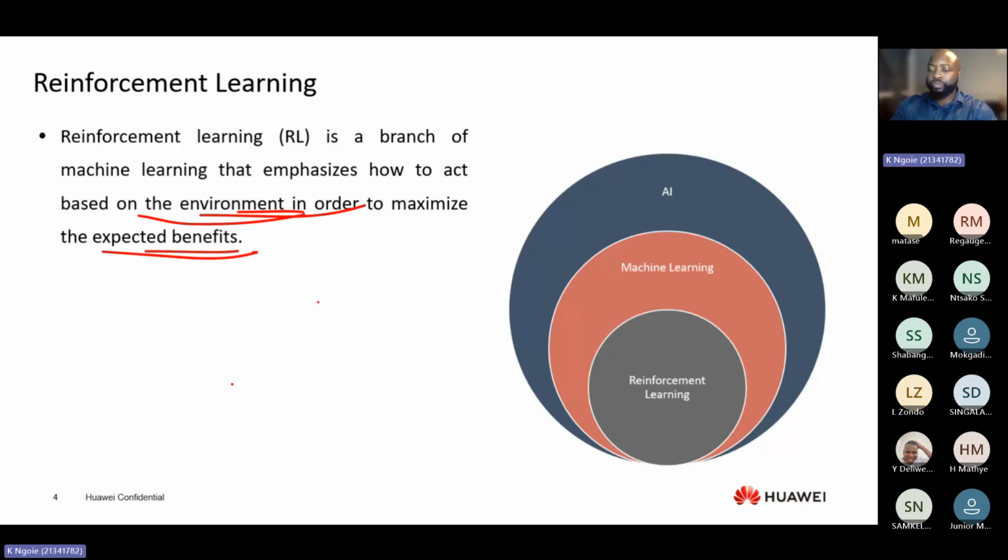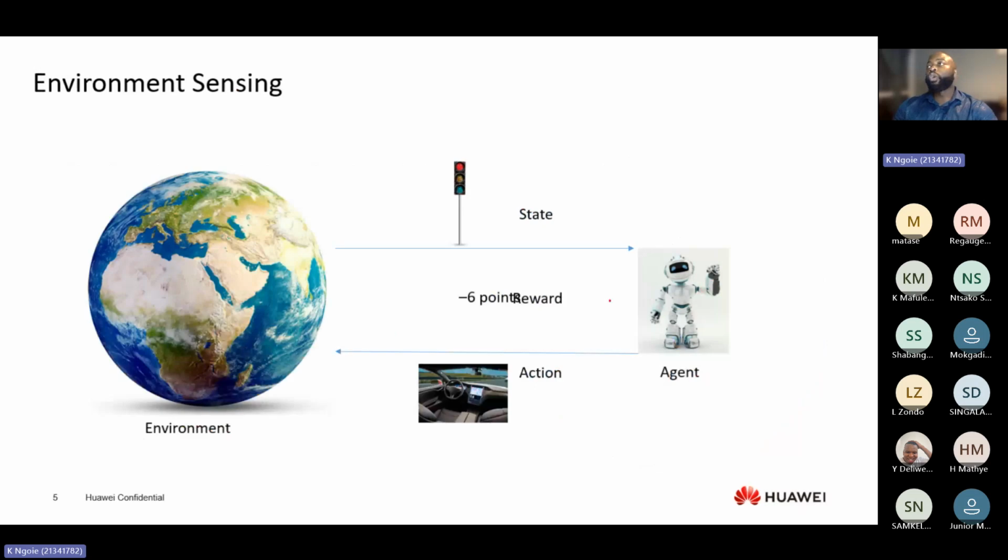So, for example, if you have the agent, the environment is, for example, the world here. When we're talking about a self-driving car, we're going to create an agent. This agent is going to take actions.